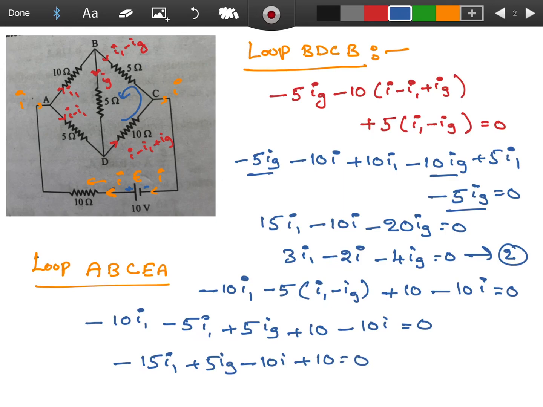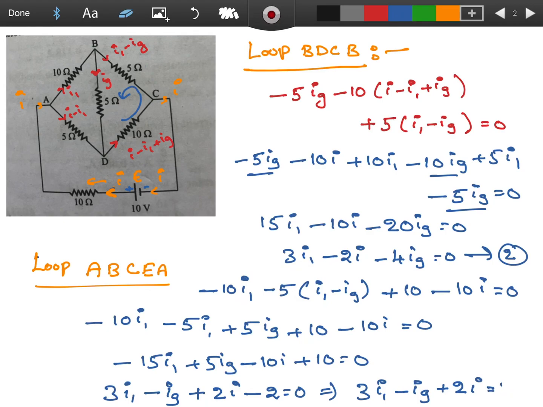Minus 5 you take common, 3I1 minus IG plus 2I minus 2 equal to 0. I will write it as 3I1 minus IG plus 2I equal to 2, that is equation number 3. Now you have 3 equations, 3 unknown variables. We can solve it. 3I1 minus IG plus 2I equal to 2.